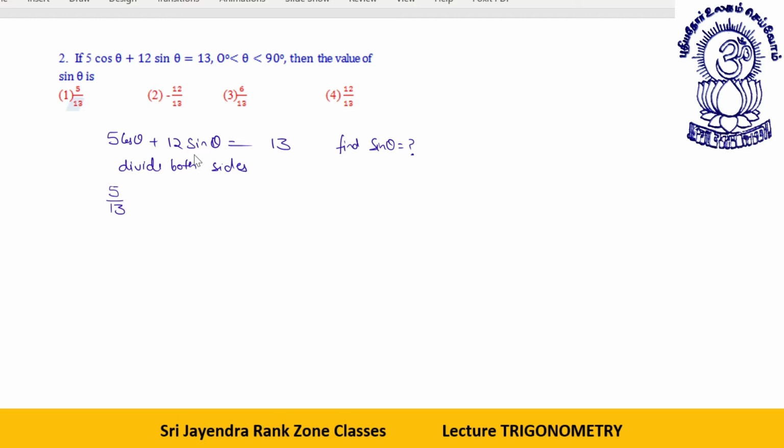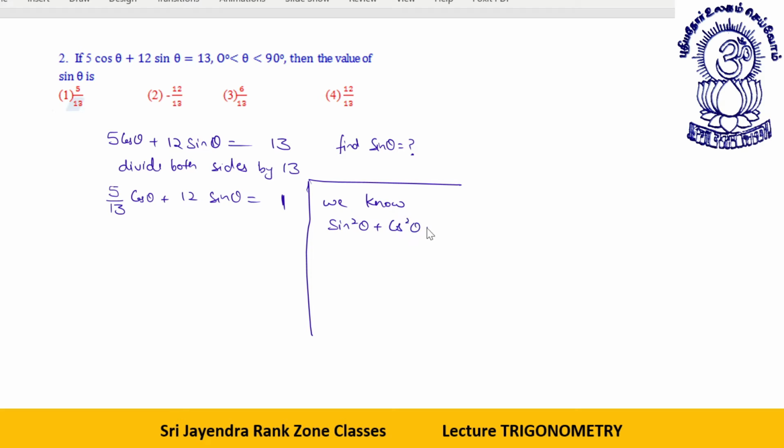Whenever you are provided a sin theta plus b cos theta, what you will do, you will divide it by RHS, right hand side. 5 by 13 cos theta plus 12 by 13 sin theta is equal to 1. Now, dear students, what I will do is, we know sine square theta plus cos square theta is equal to 1, or I can write as sine theta into sine theta plus cos theta into cos theta is equal to 1.